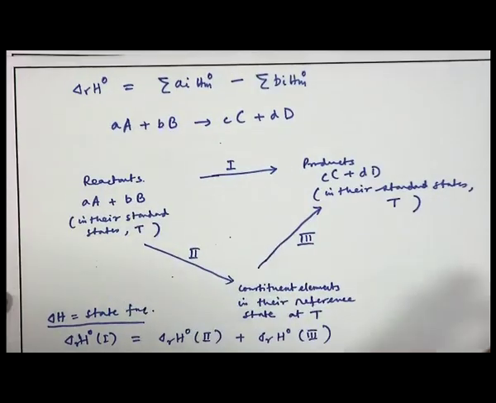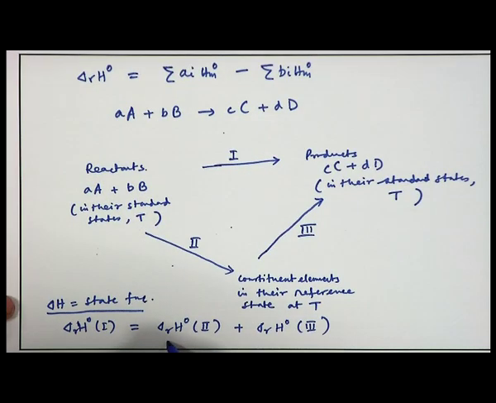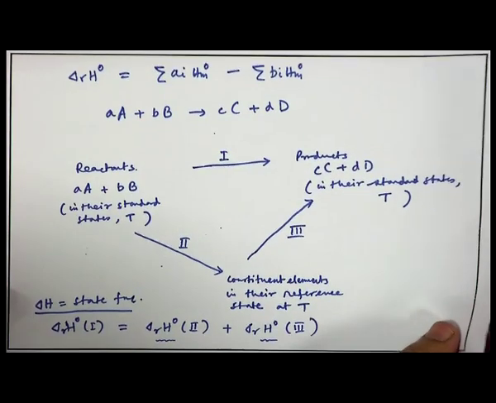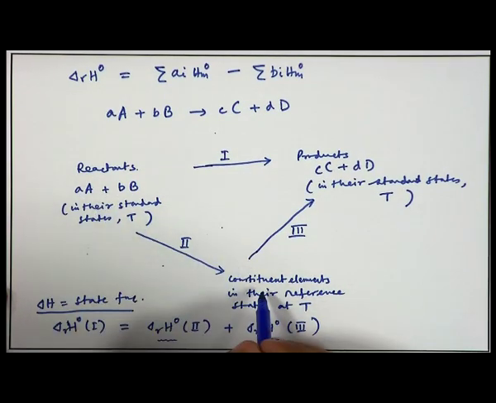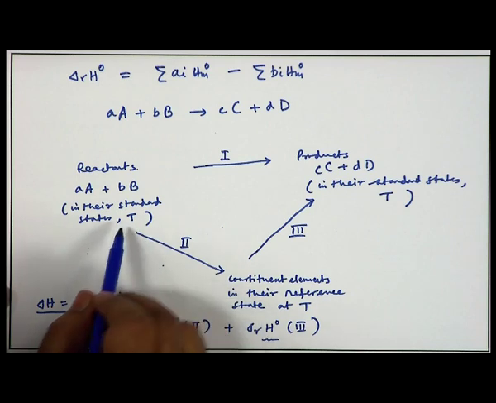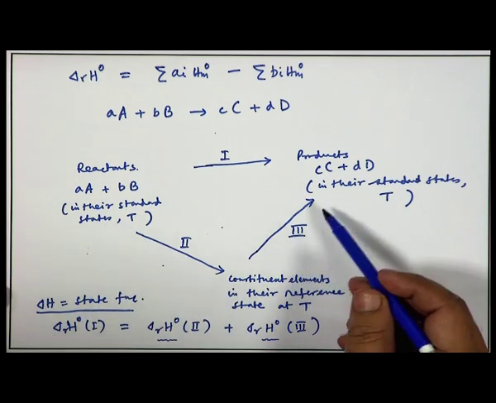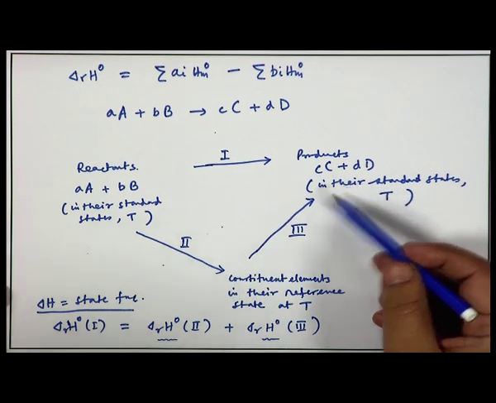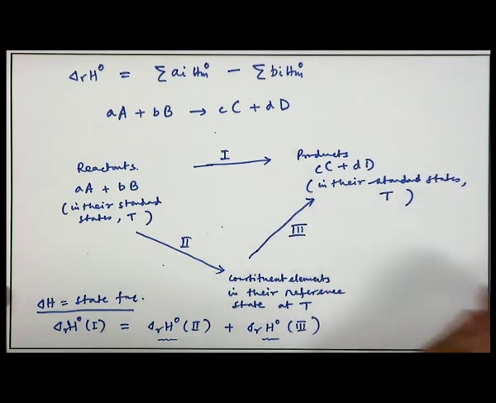Now, we can find out these two for the second and third reactions. What is the second reaction? All the reactants go to the constituent elements, which is basically the reverse of the formation reaction, and in reaction 3, the constituent elements go to the products, which is basically a formation reaction.